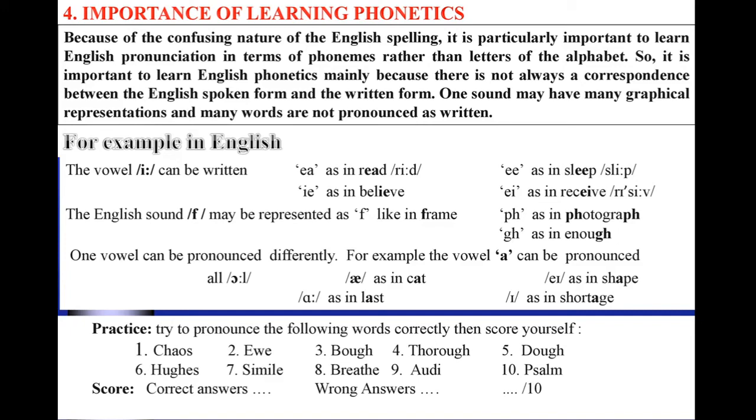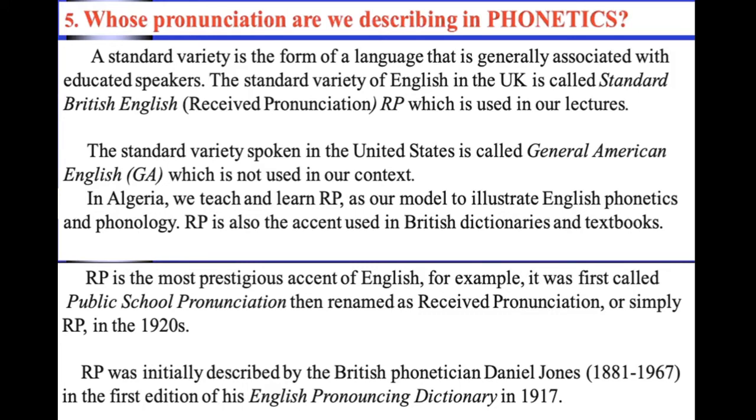If you have scored less than 10, then you need to check an English Pronunciation Dictionary each time you come across a new word whose pronunciation you don't know. Whose pronunciation are we describing in phonetics? Students might wonder about the model we are describing in phonetics. A standard variety is the form of a language that is generally associated with educated speakers.